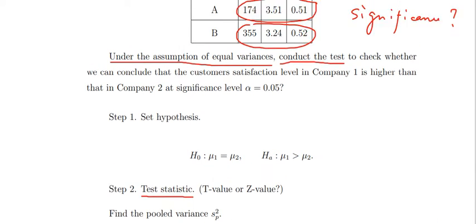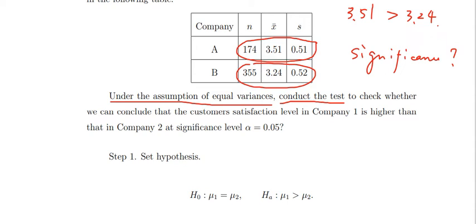And then we can say from this data, 3.51 is significant, quite bigger than 3.24. So we can say company A's customer certification level is much higher than that of company B. Okay.